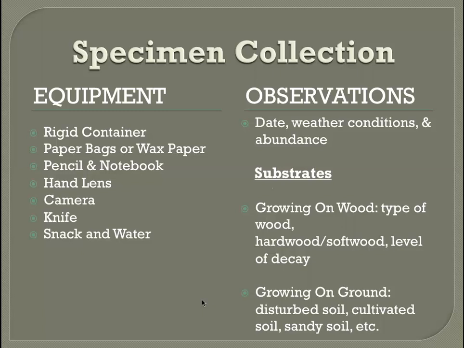So recording the weather conditions will help us understand the growth habits of certain species of fungi. Some are less sensitive to water decline or less sensitive to drought than others. And some mushrooms will pop up within the matter of a couple hours after a hard rain.